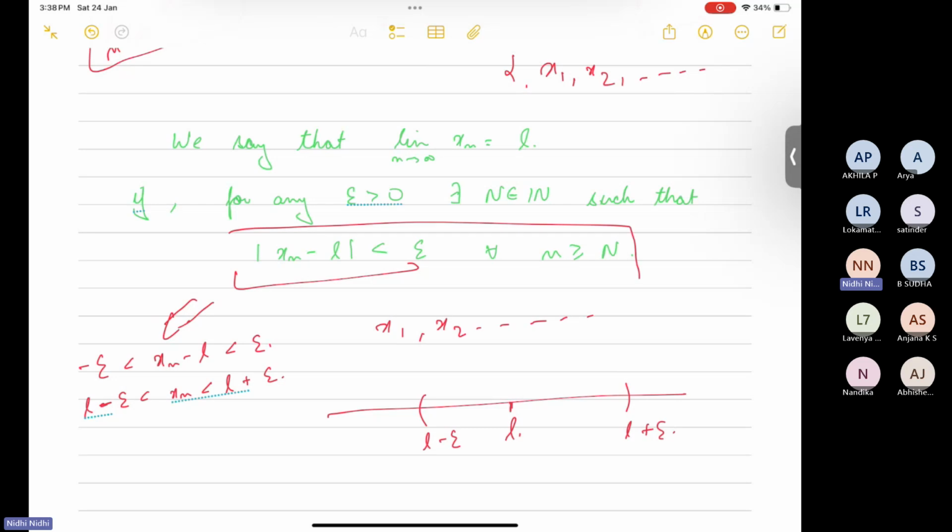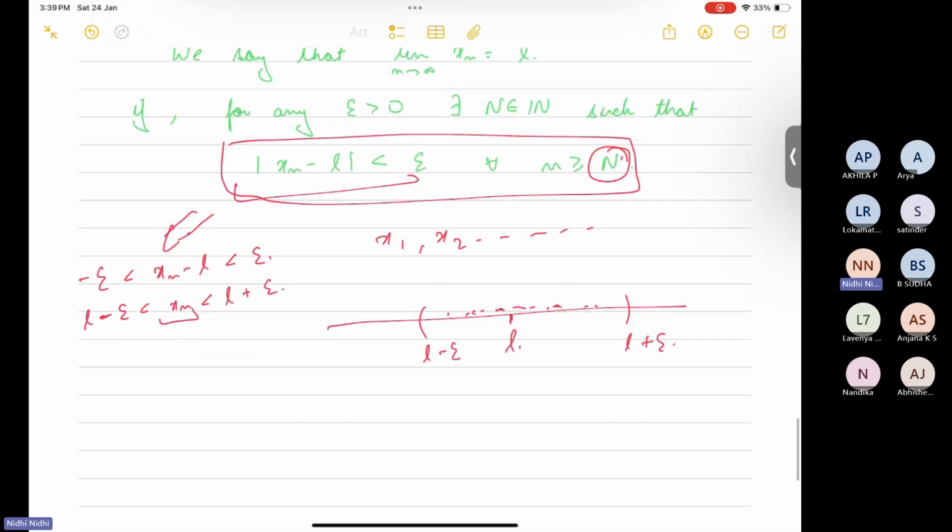So the statement says that there exists a stage capital N such that after that, so that means x capital N plus 1 and so on, all terms xn's are lying between L minus epsilon and L plus epsilon. So no matter how small epsilon you give, we can always find a stage such that after that all the terms in the sequence lie in this interval.